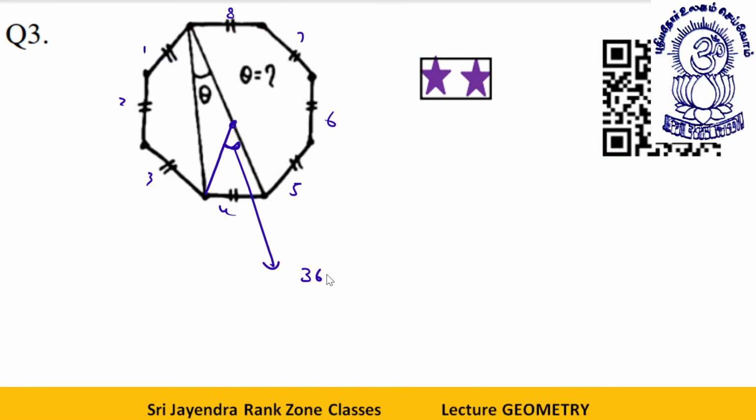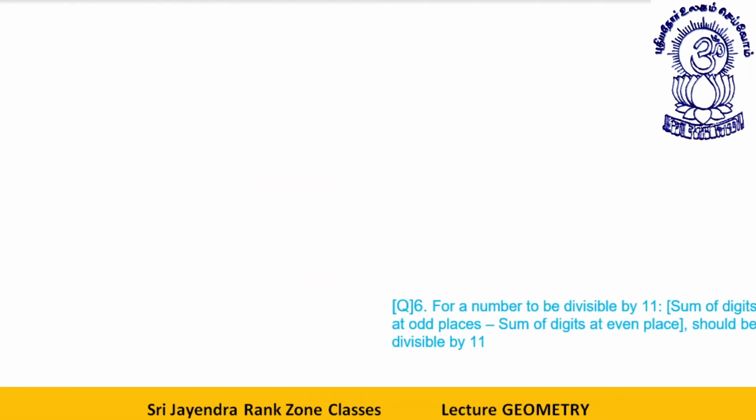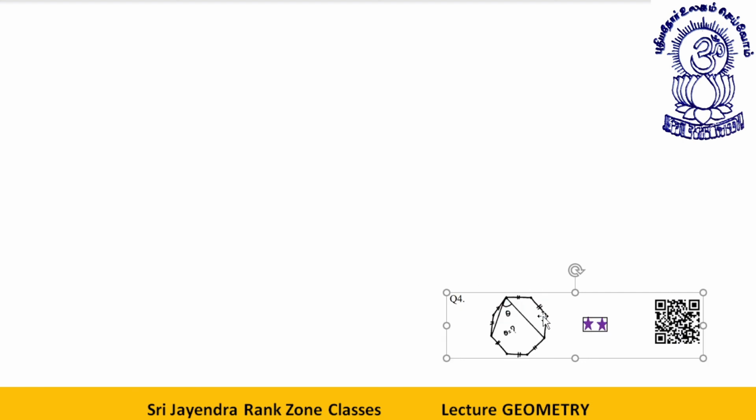This angle will be 360 by 8. This angle will be half of this. So again, half. This is 45 by 2 or 22.5 degree. We are genuinely making a mockery of these questions. I hope you realize what we are doing. Can anything be better, easier than this? Whosoever has framed the question must have thought it would be a little bit difficult, but the way we are doing it seems like nothing is difficult.